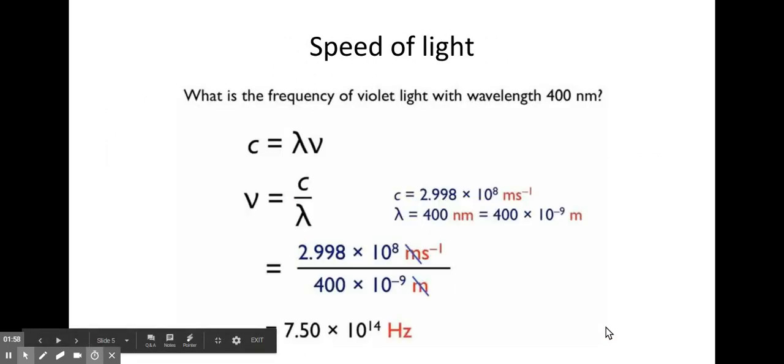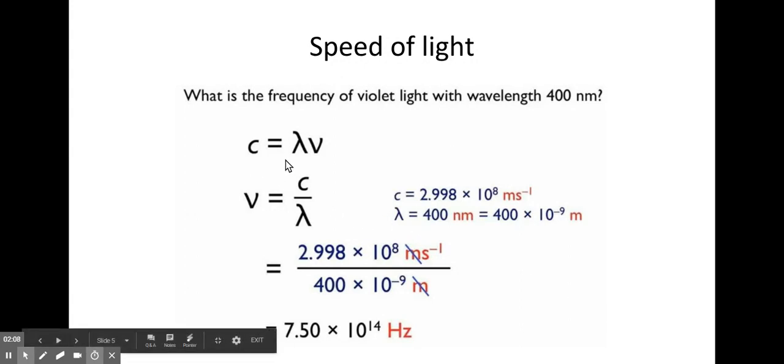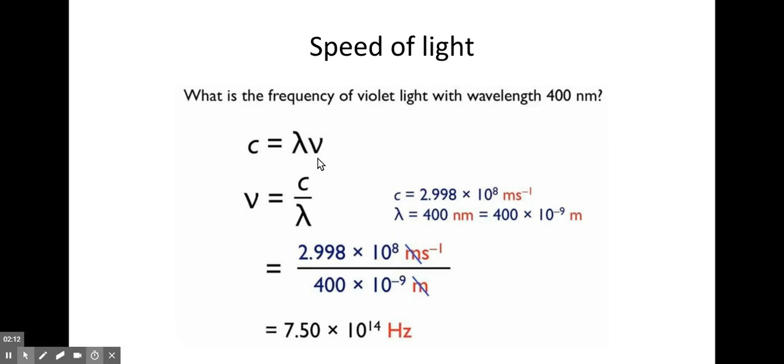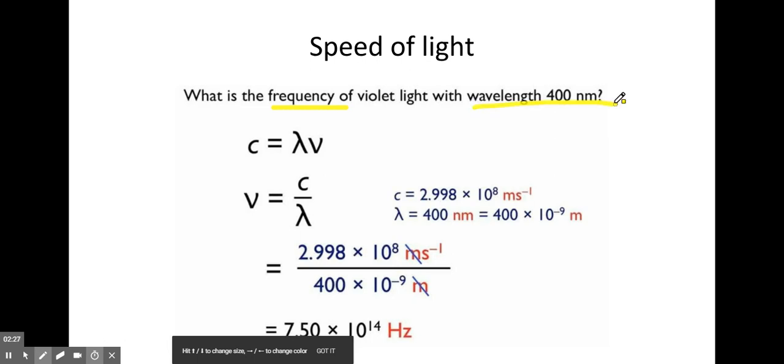Mathematically, what we are responsible for are the 2 light equations that show up on the AP Chemistry Equations and Constants page. The first one is this, where c is the speed of light, lambda is wavelength, and this V-looking letter, which is called nu, the Greek letter nu, represents frequency. In our particular problem, we are asked what is the frequency, so that's our unknown, and we're given the wavelength at 400 nanometers.